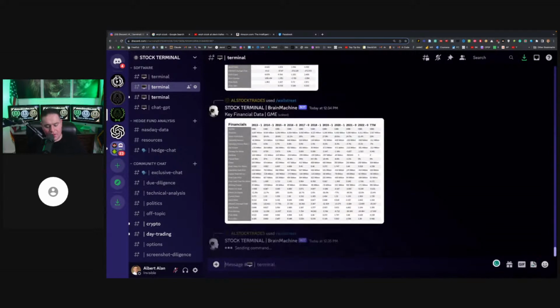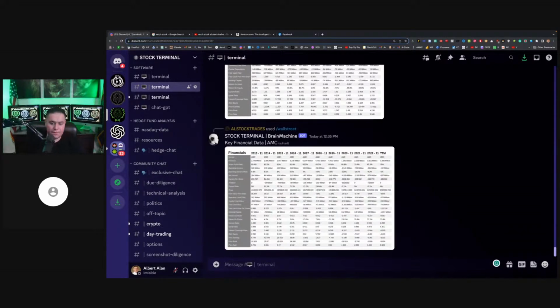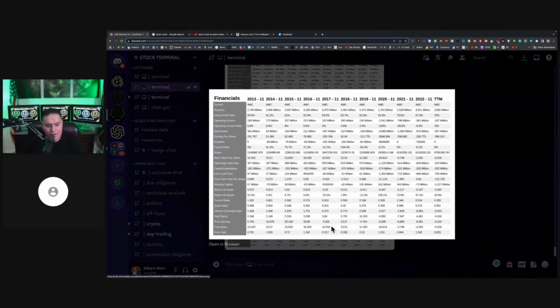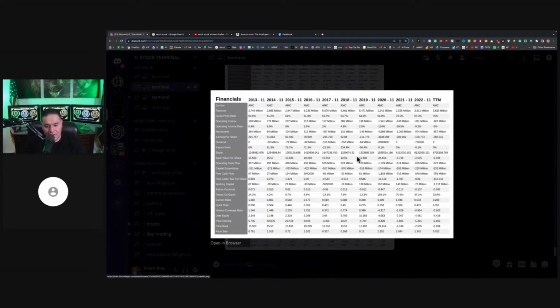If you go to AMC, AMC is a lot worse financially than GameStop. You can see the book value went negative. Debt to equity, you need to recalculate and calibrate to see.